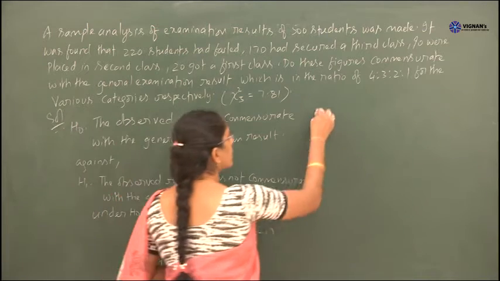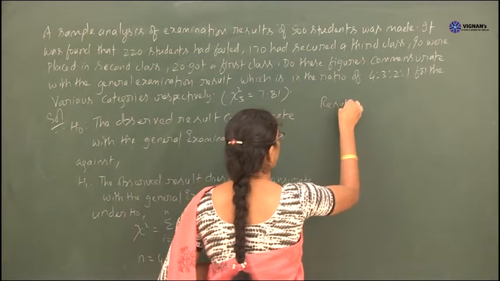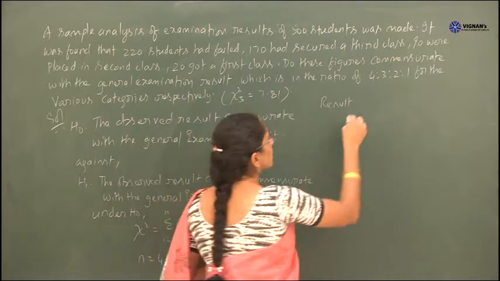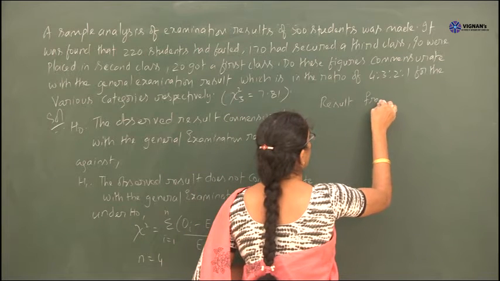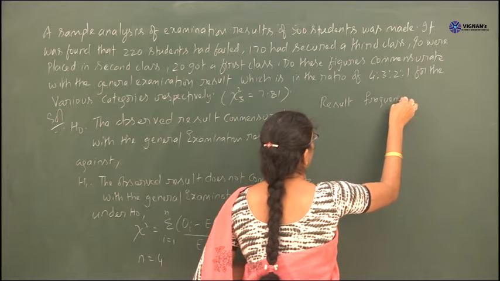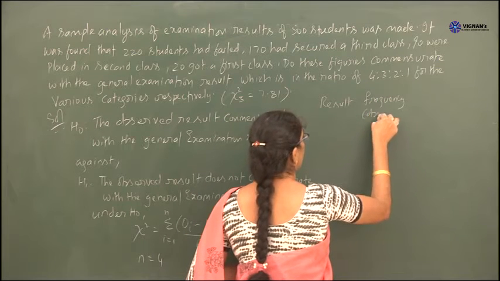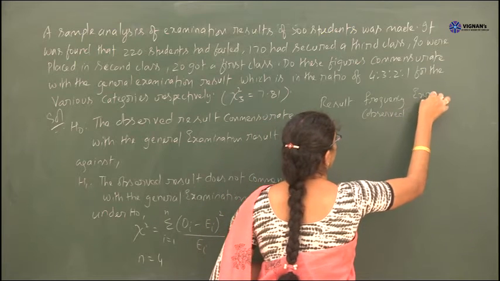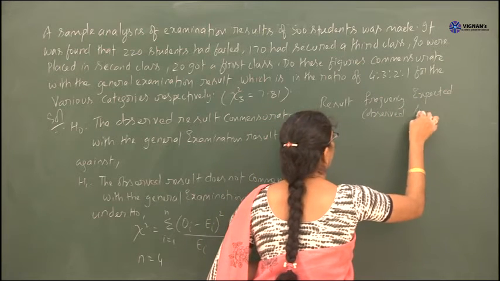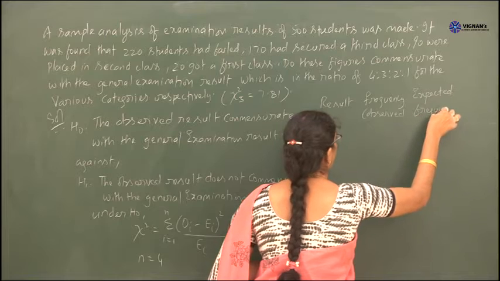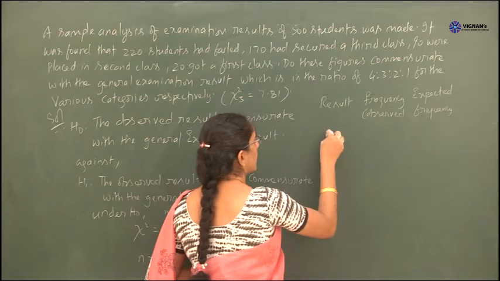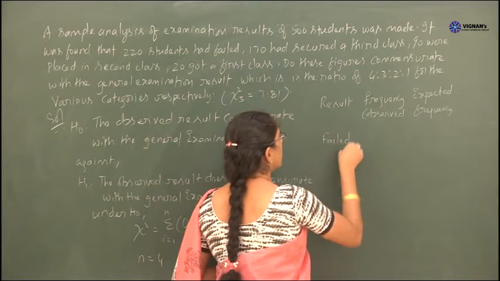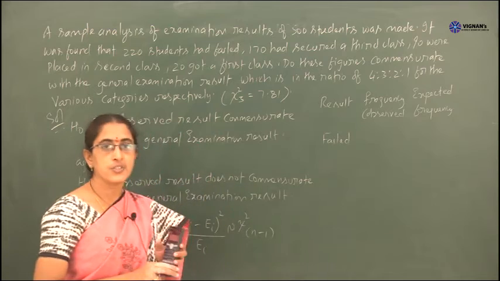Now, let us formulate the table here: result, observed frequency, and expected frequency. Result means here first they have given the failed. So how many students have failed here? 220.